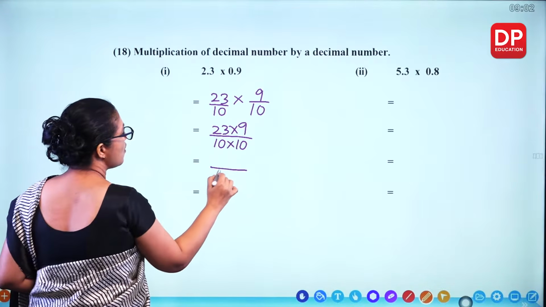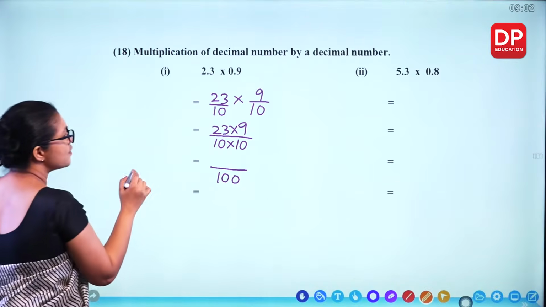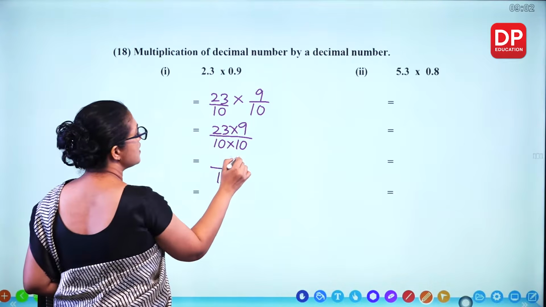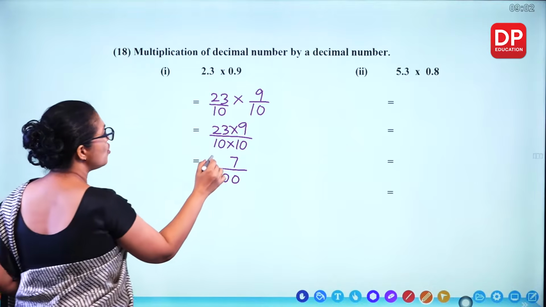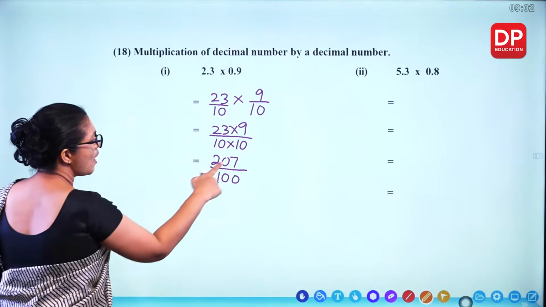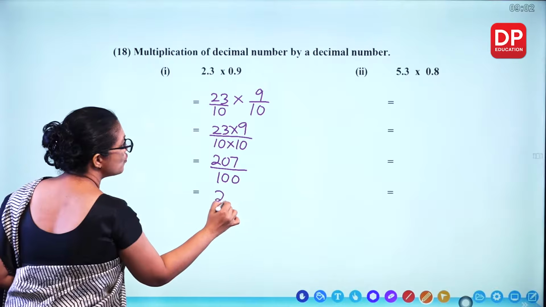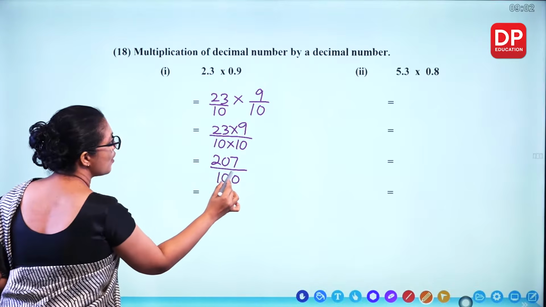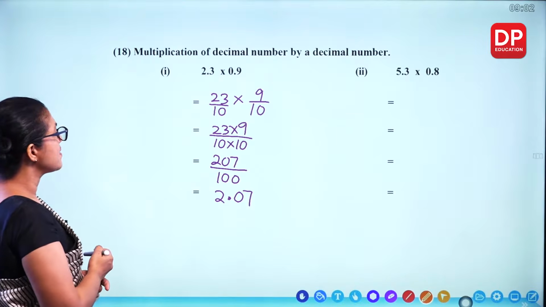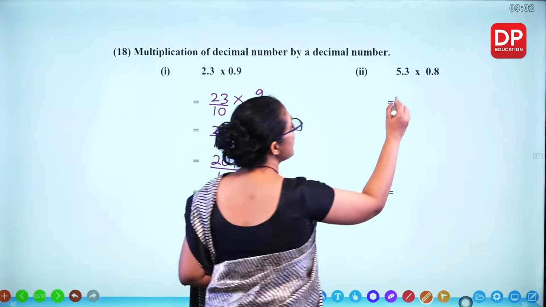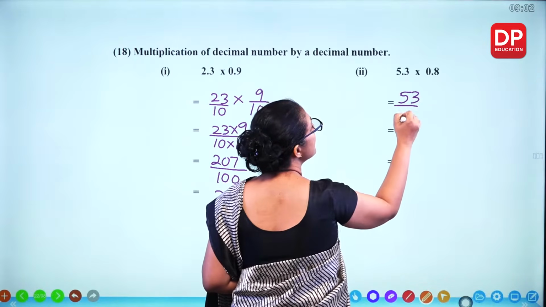So what's the denominator? 100. 23 times 9, 9 times 3, 27. 2 remaining. 9 times 2, 18 plus 2, 20. Now we know you have to move two places to the left, the decimal point. 2.07 is the answer.